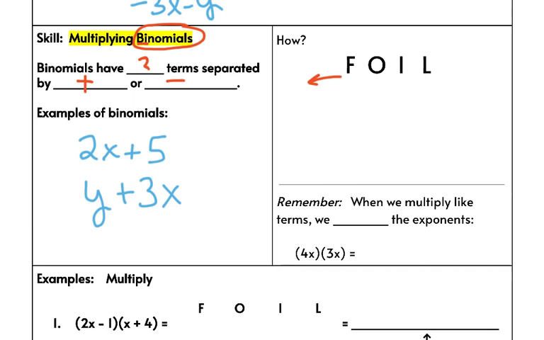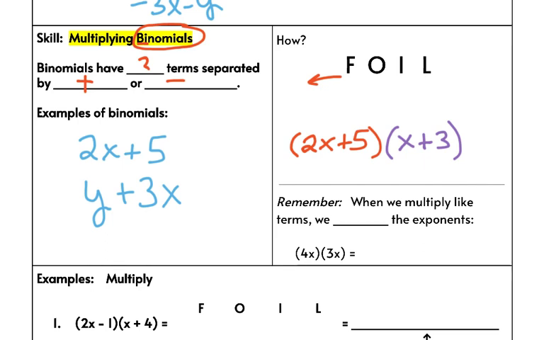So let's take two binomials and talk about what I mean by first. Let's take that 2x plus 5 from over there on the left in red here, and let's multiply it by another binomial. Let's call it x plus 3. So those are my two binomials, one in red and one in purple.